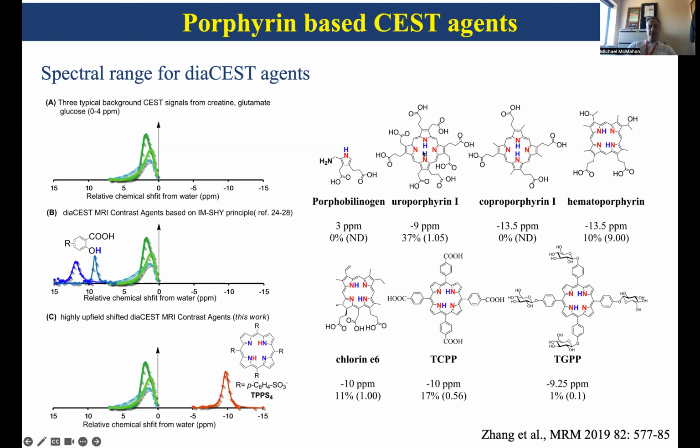These NH protons for the free base porphyrins without a metal in the center can produce very large CEST effects at -10 ppm from water, with this CEST effect depending on the substitution of the ring, whether or not there are a lot of carboxylics, and also probably some structural effects on the ring, which can be transformed by having bulky phenyl groups or just aliphatic substituents along the porphyrin exterior.